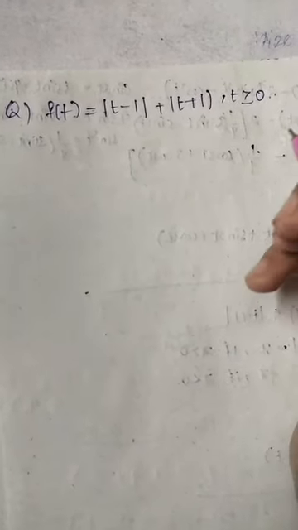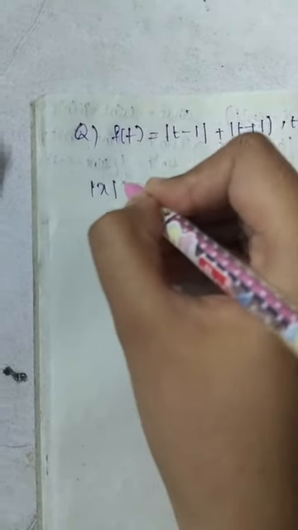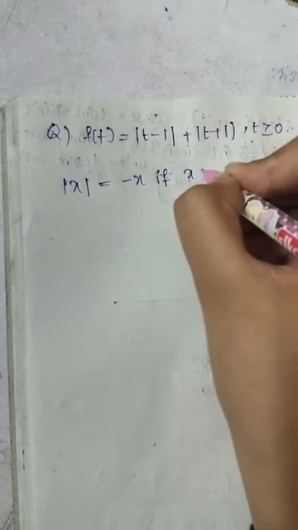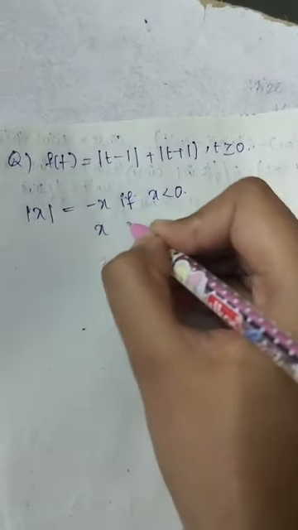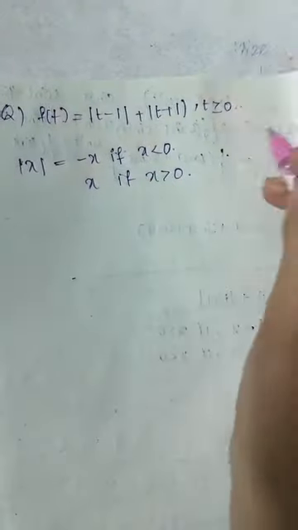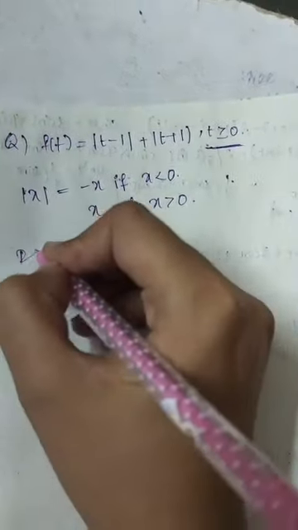So now in this case we see mod here. Now we know that mod x is equal to minus x if x is less than 0 and x if x is greater than 0, right? Now using this condition, let's see.